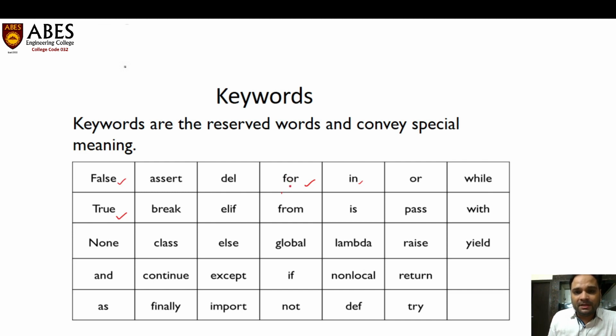Just like for, if, and while, these are the decision control keywords. When we use the False and True keywords, we evaluate some values to see whether they are true or not. So these keywords have different meanings.